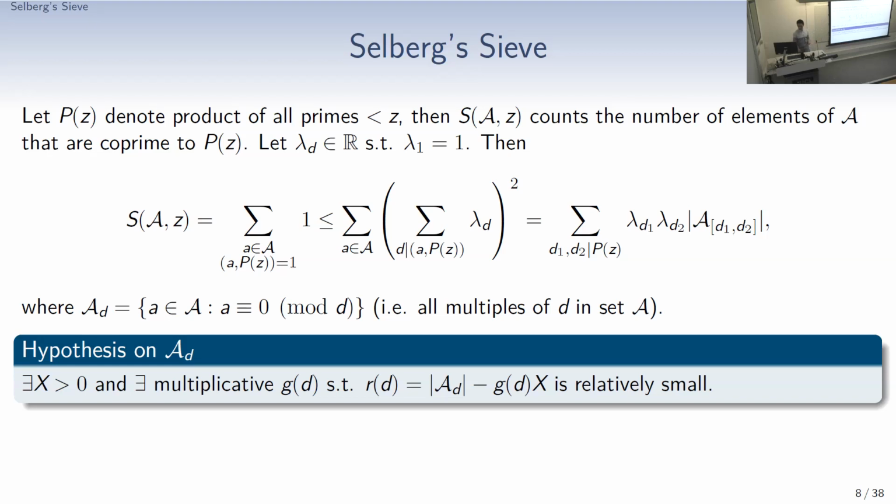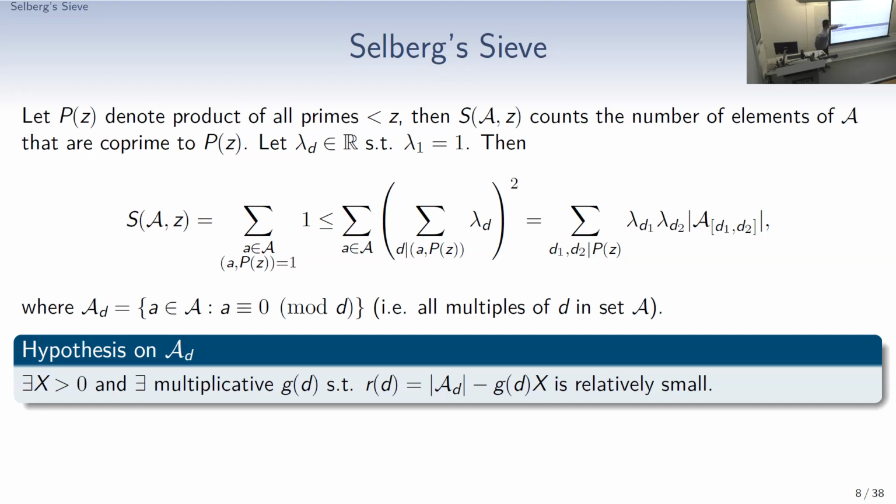We will be presenting a sketch of that optimization. Before doing that, set A_d denotes the set of multiples of d in the set A. This is just a shorthand notation, and this part follows from a standard but technical interchanging of the order of summation, which I'm not going to show here.